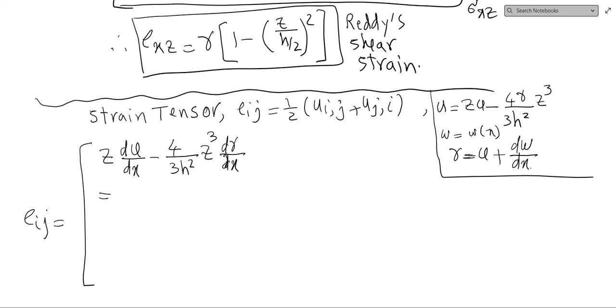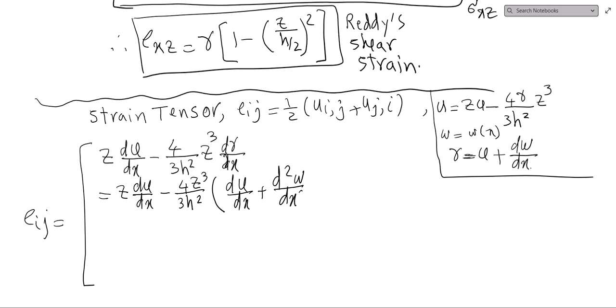I have to differentiate because z is constant, and then we have this. So therefore we get z d phi dx minus 4 divided by 3h square z cube, and gamma is phi plus dw dx. D gamma dx is d phi dx plus d2w dx square.